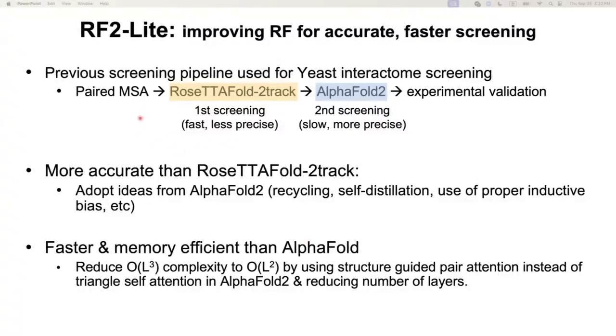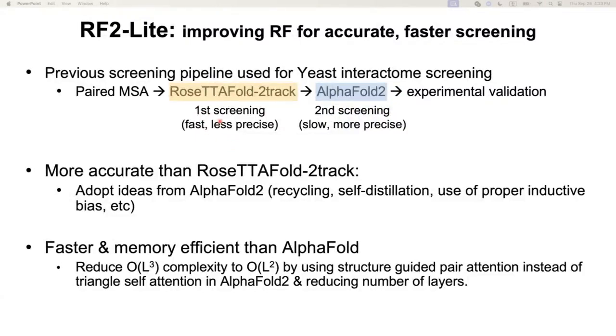Our previous screening pipeline used for yeast interaction screening basically employed a two-stage approach. First, screening using RoseTTAFold 2 track, which is fast but less precise. Then AlphaFold 2 screening, which is somewhat slow but more precise.